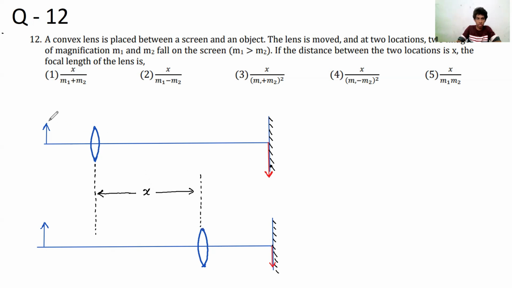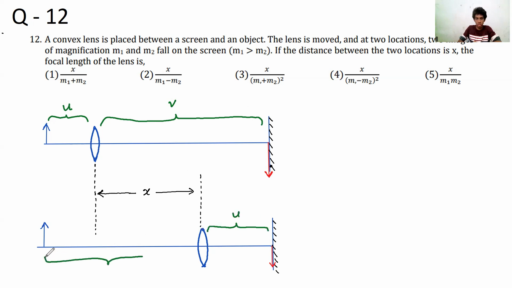So we can take this as the object distance u and this as the image distance v. So here, then this will be u and this will be v, because in this situation, the object distance and the image distance are interchanged. So then we can write an expression for m1.